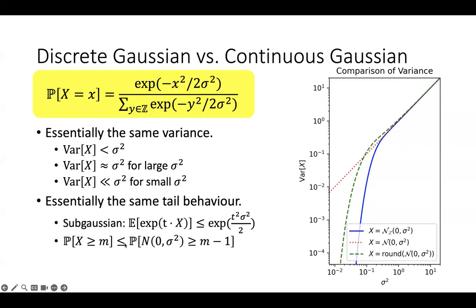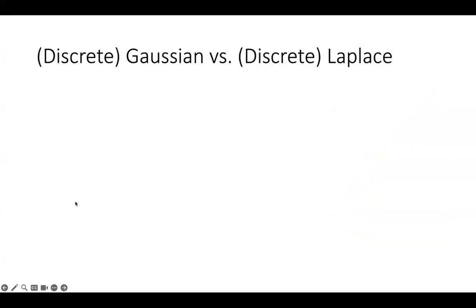So that's in terms of variance. We also looked at the tail behavior, the moment generating function. It's basically the same as the continuous Gaussian distribution. Okay, so I've told you the comparison between discrete Gaussian and continuous Gaussian. The TLDR is that they are essentially the same.